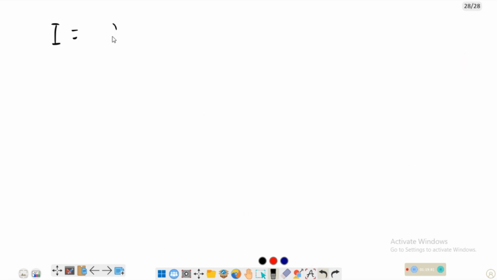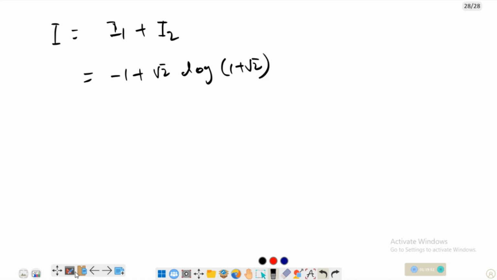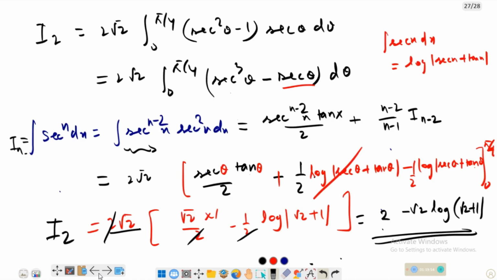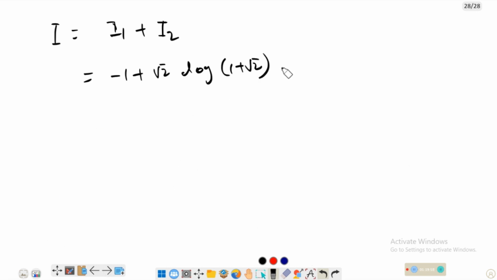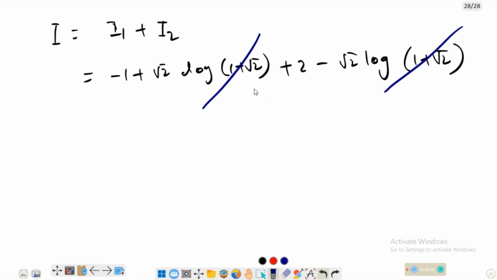So I is equal to I1 plus I2, which implies minus 1 plus root 2 log 1 plus root 2, and I2 is 2 minus root 2 log 1 plus root 2. So this quantity and this quantity cancel out. This is equal to 2 minus 1, which is equal to 1. So I is equal to 1.